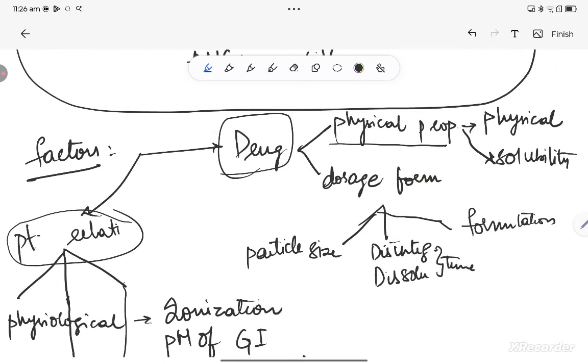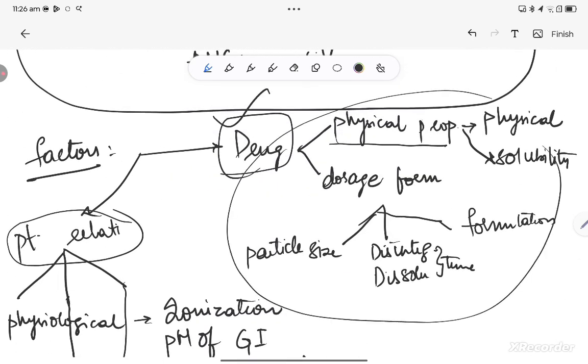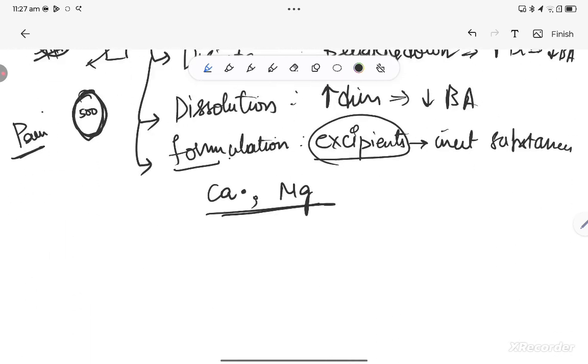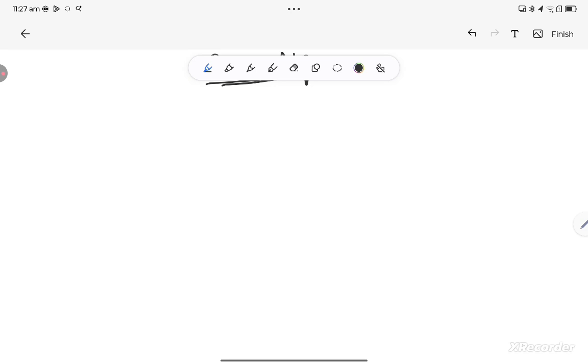Yes. Now we will talk about patient related factors. This is what we are much more bothered. We as healthcare professionals are much bothered about this. Now, in patient related factors, first one is physiological factors.